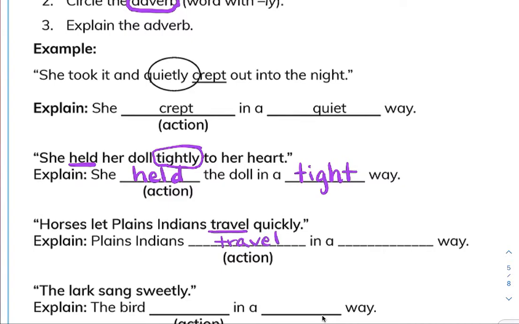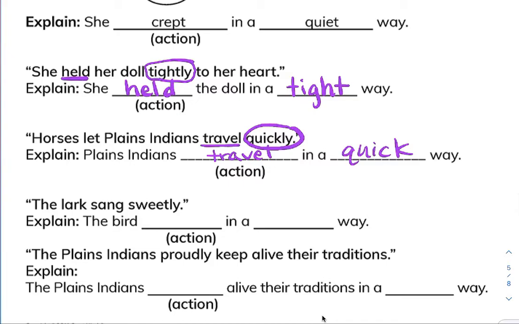The Plains Indians travel in a blank way. How did they travel? Good. Quickly is our adverb. So the Plains Indians travel in a quick way. If you have it, you can give yourself a little smiley or a star. If not, you can fix your answer.